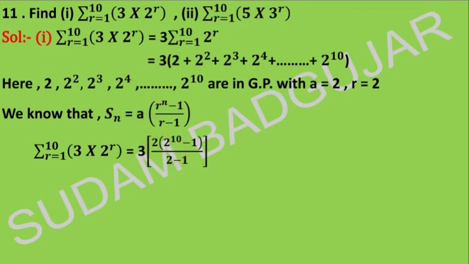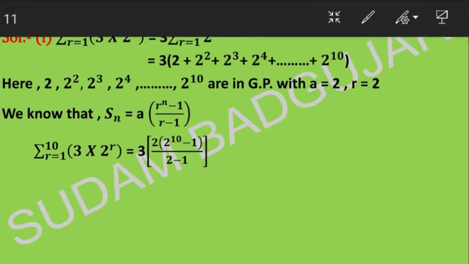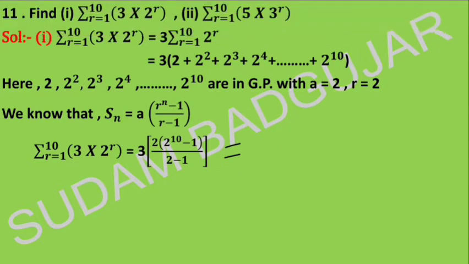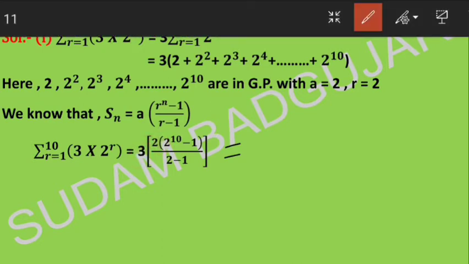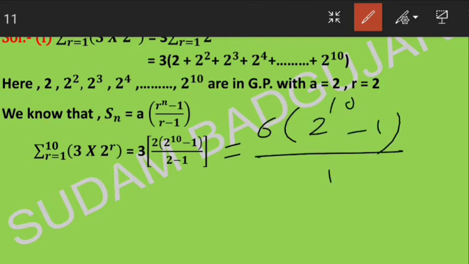Okay, so here see, 3 into 2, or you can write 2 into 3, 6. You can write 6 into bracket 2 raised to 10 minus 1 upon 2 minus 1, which is 1.